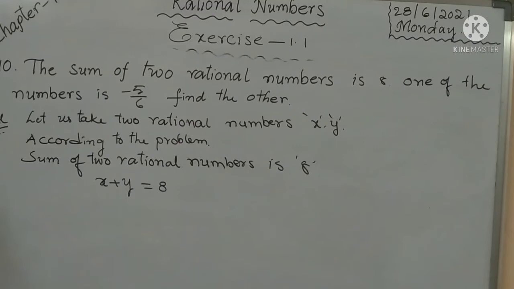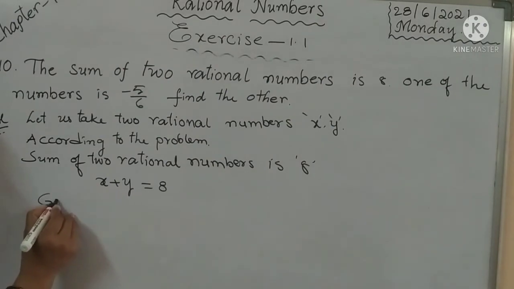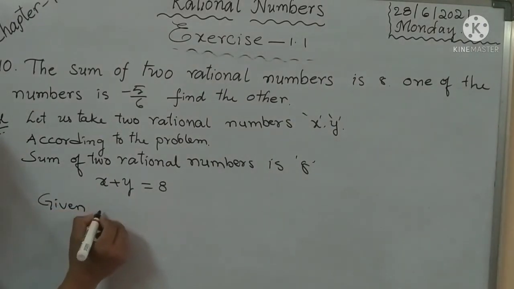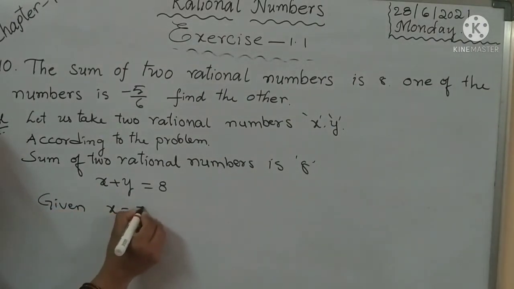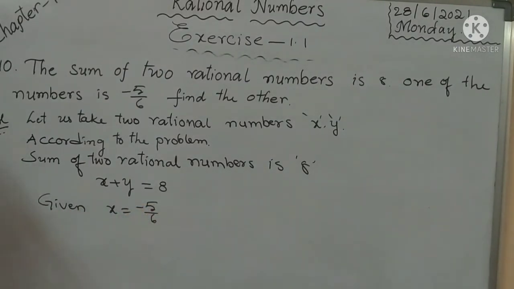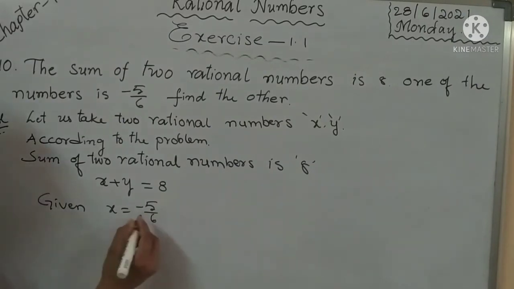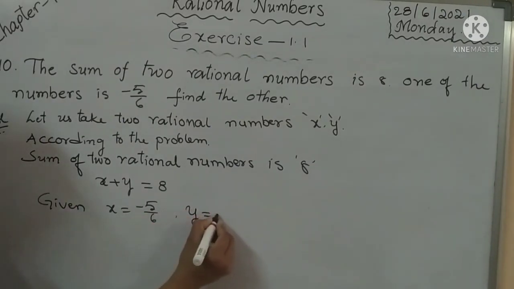Here given, x is equal to minus 5 by 6. Find the other number.